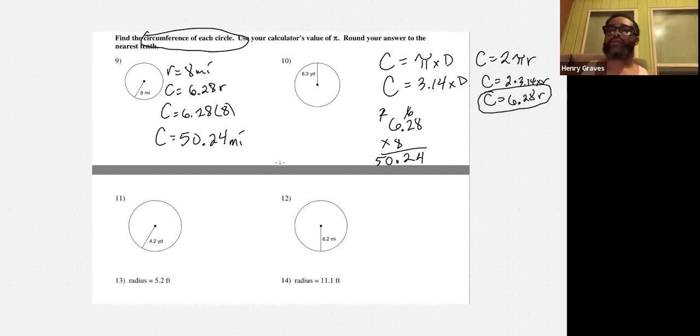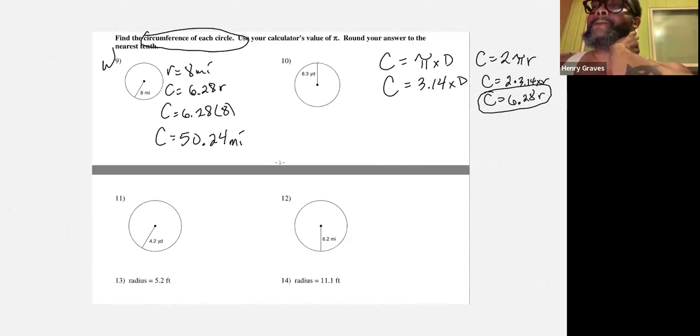And I'm going to erase what I did there in black because I need the space. For this one here, it looks like, let's see.